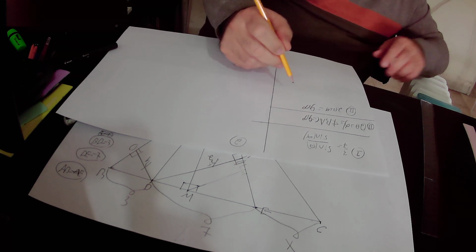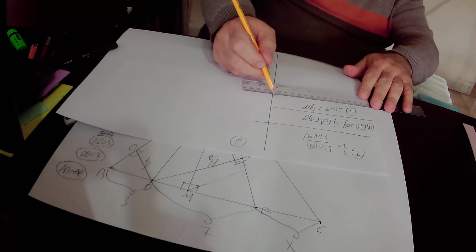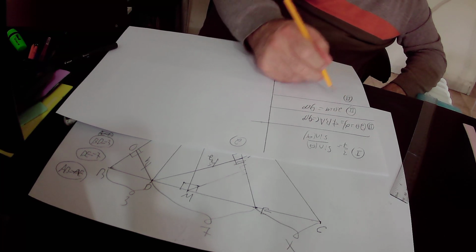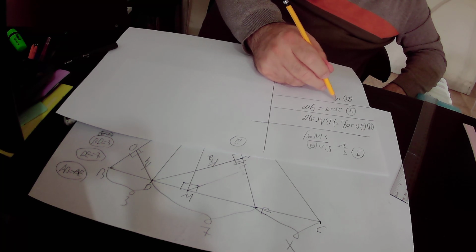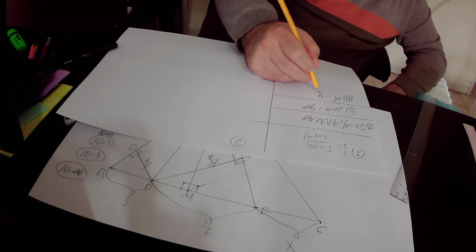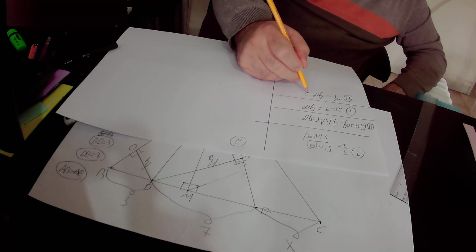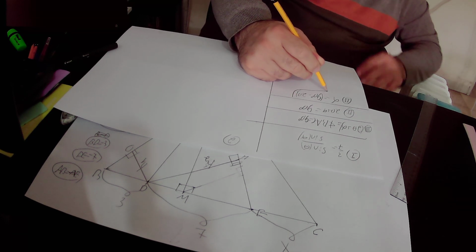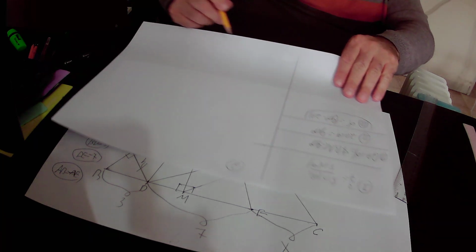Here we subtract 2 theta, and we get that angle alpha equals 90 degrees minus 2 theta.